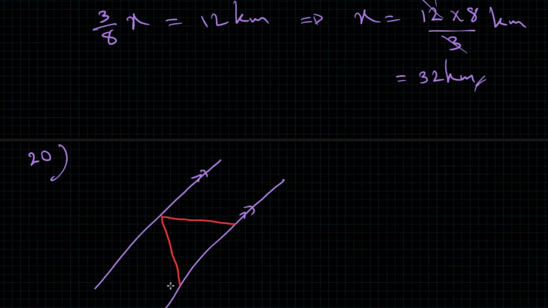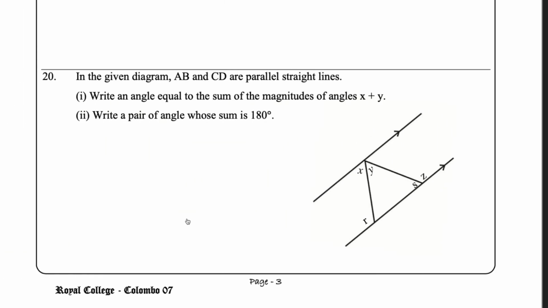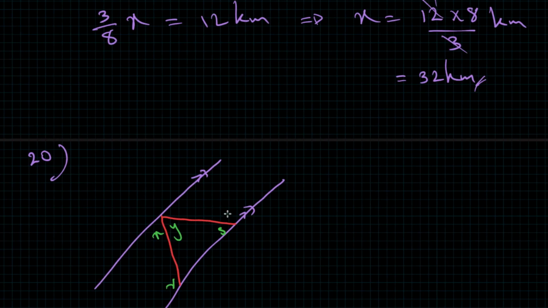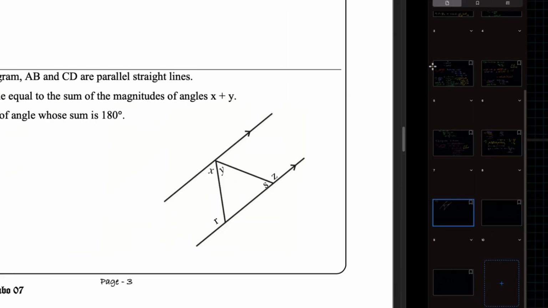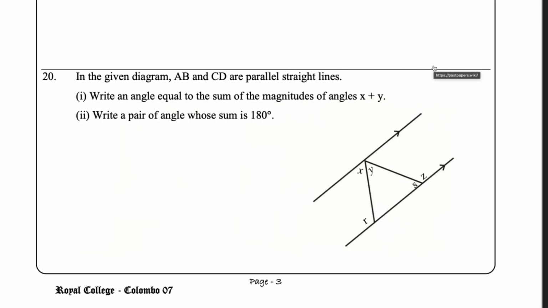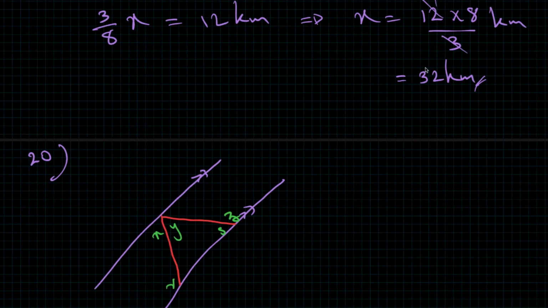This one is R, this is X, this is Y, and S and Z and C. Now let's write the equations. First, number 1: write an angle equal to the sum of the magnitudes of x and y. So x plus y equals z. Why?